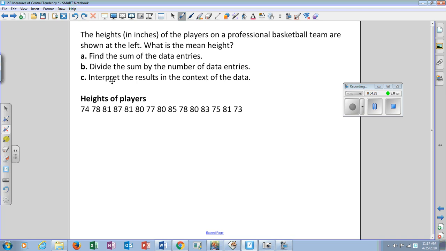This would be 74, 78, plus 81, and so on. A little tedious to type it all in the calculator, I'll give you that.